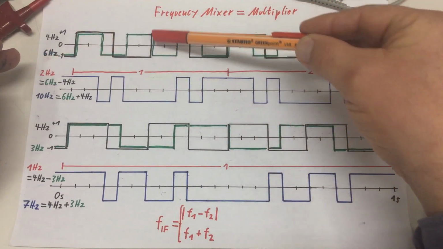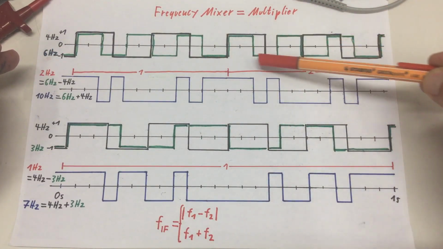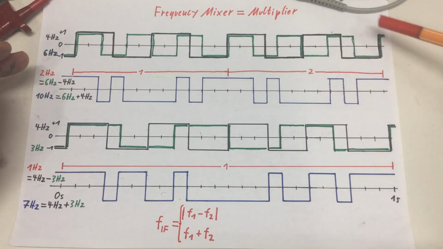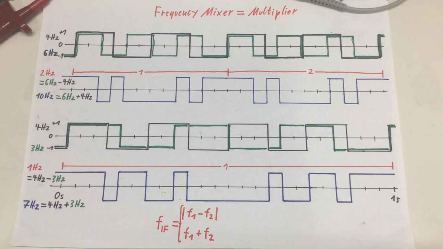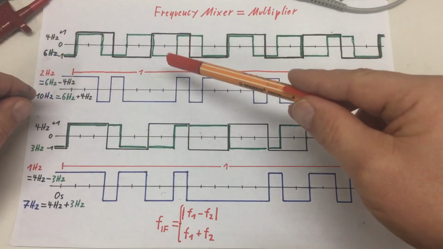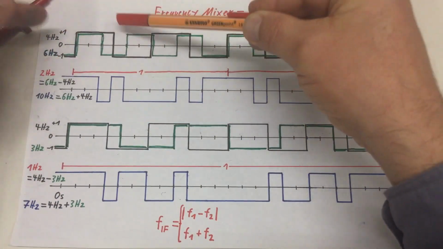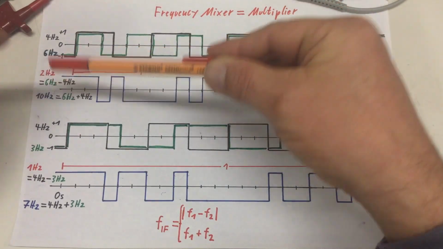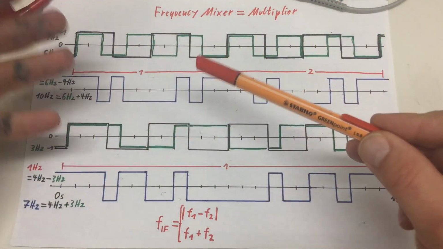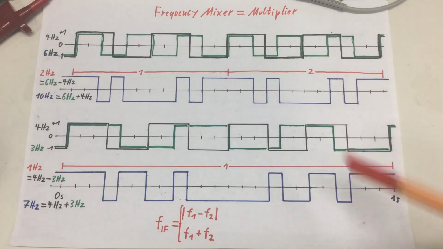So 1, 2, 3, 4, 5, 6 cycles per second. And to make things even easier, let's consider signal levels at the top of +1 and at the bottom of -1. Volts, millivolts, whatever.